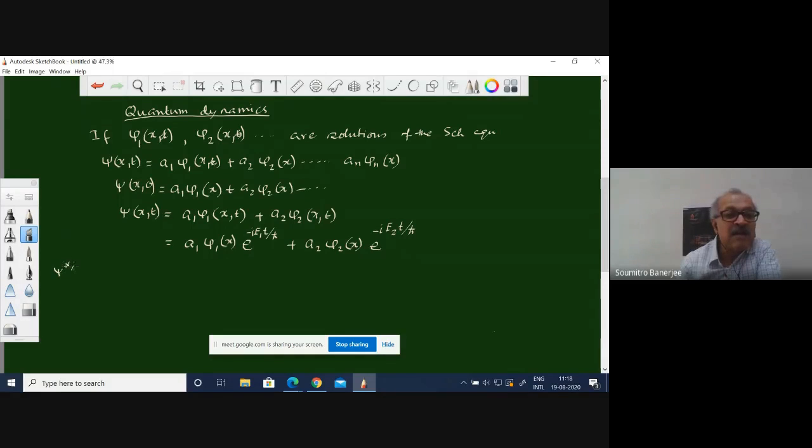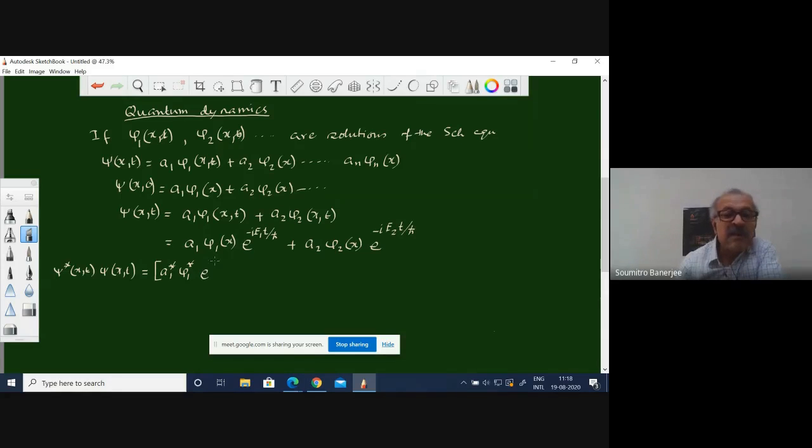Psi star psi. If you want to calculate that, then we'll have to write first the starred term. So it will be A1 star psi 1 star. Let me not write function of x because that will only clutter the notation.